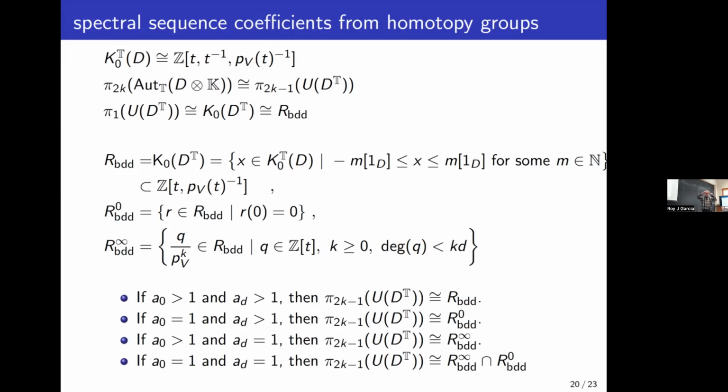suppose you take the gauge action of the circle on the Fermi algebra. That means my P of t is 1 plus t. So it's a 2 by 2 matrix, I will take 1, t, and then I'm taking a fixed point algebra under that action. And then you basically get Pascal's triangle.